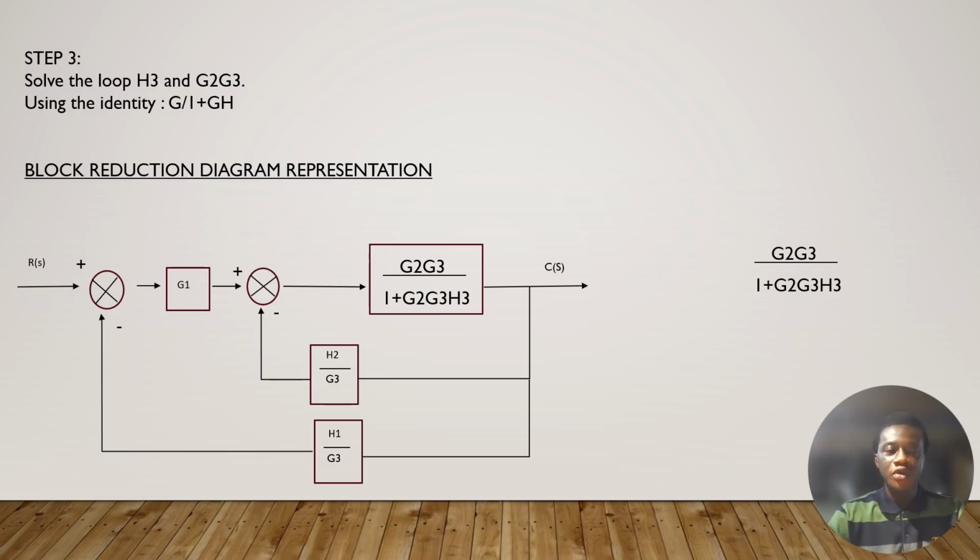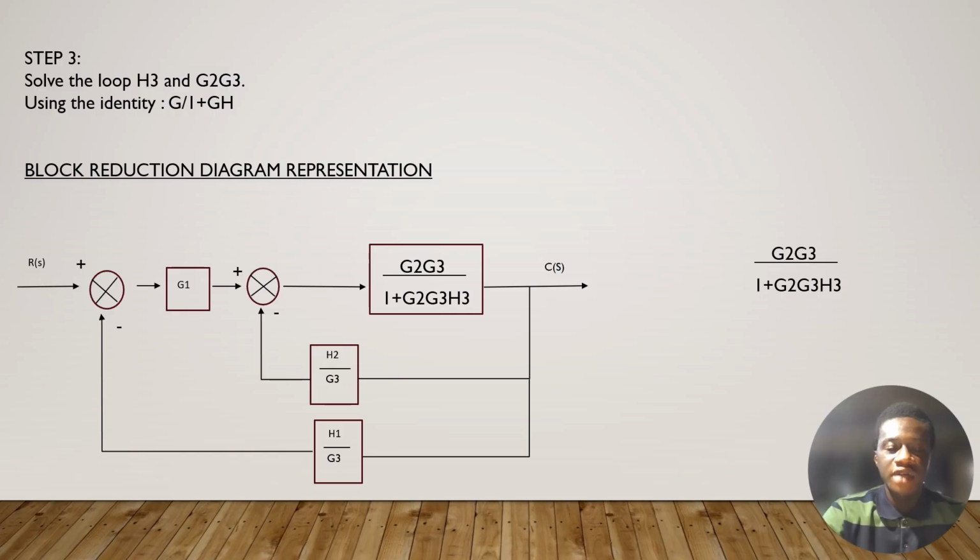I'm going to continue from where my colleague left off. Now in step 3, we'll be reducing the feedback loop with H3. We consider the feedback loop formed by H3 and the combined block G2, G3. To simplify the feedback loop, we use the standard control system formula G over 1 plus GH. In this case, the forward path is G2, G3 and the feedback path is H3.